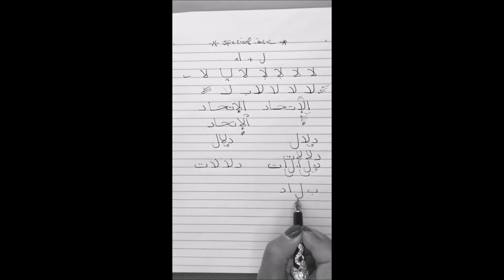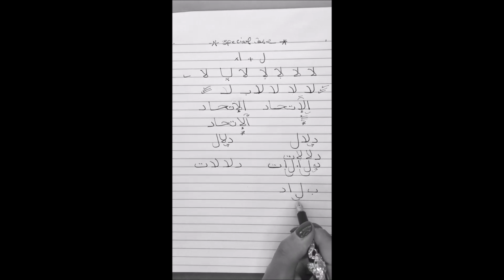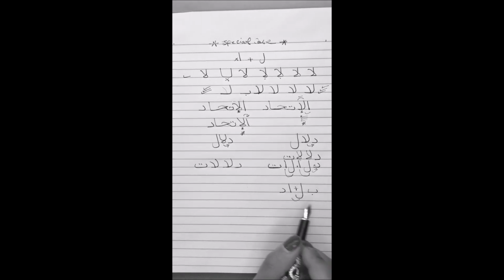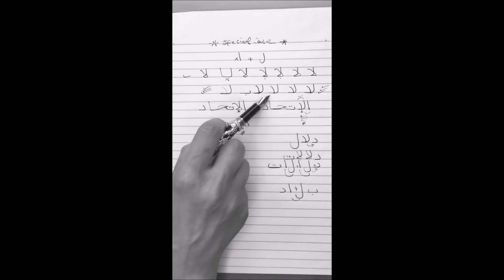This is the plural of the word country, countries. So now I do have that special case in here. I have a lam followed by an aleph. How am I supposed to write this group of letters, lam followed by an aleph? I can only write it this way.